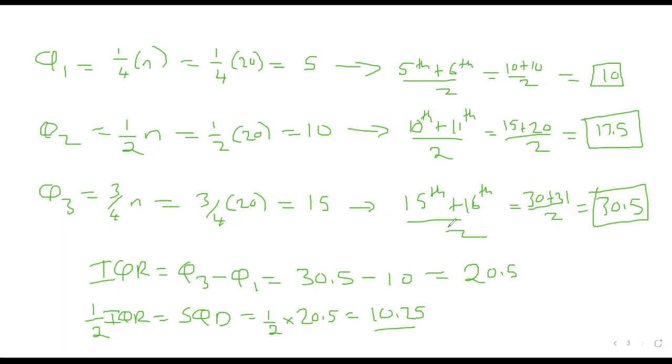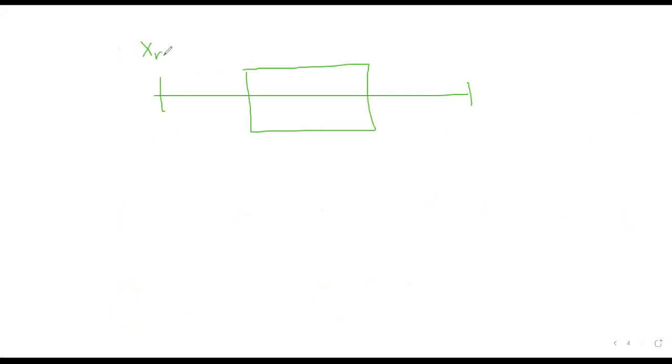Now, having found these important constituents of descriptive information, it will now take us to understanding how to come up with this polygon, which I said is important in statistics. It has 5 key parameters: the minimum value of x and the maximum value of x, the first quartile, the second quartile, and the third quartile.